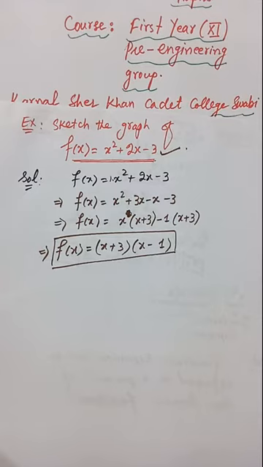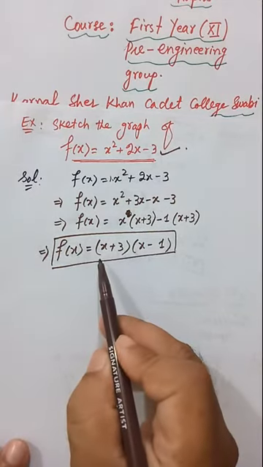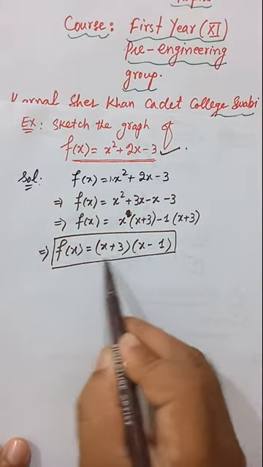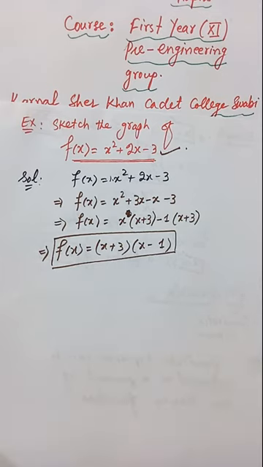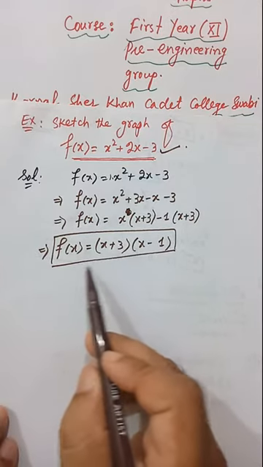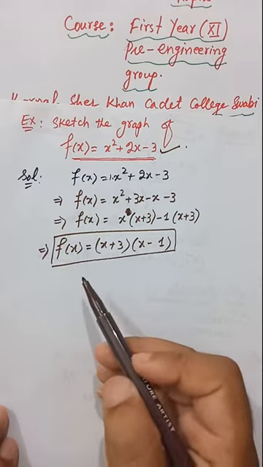So if I put this function equal to 0, I get those values of x on which the function gives us 0, which is also called the zero of the function. The value of the variable x on which the given function gives us 0 is called the zero of the function. So here we are finding the zeros of the function.